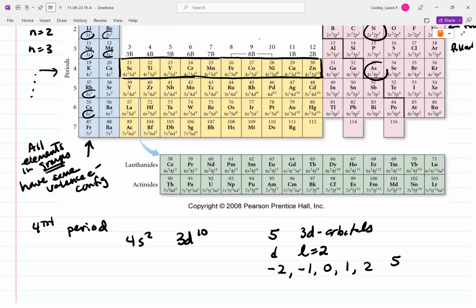That's 5 d-type orbitals. So that's room for 10 electrons. And that's what the middle of the periodic table is doing. Here it's filling the 3d. Here it's filling the 4d, the 5d, the 6d. And it's always 10 wide. Okay?